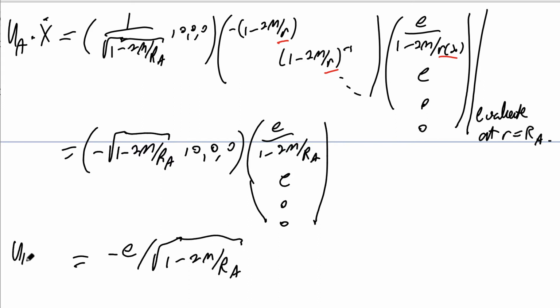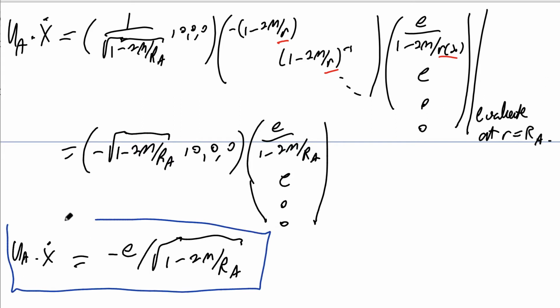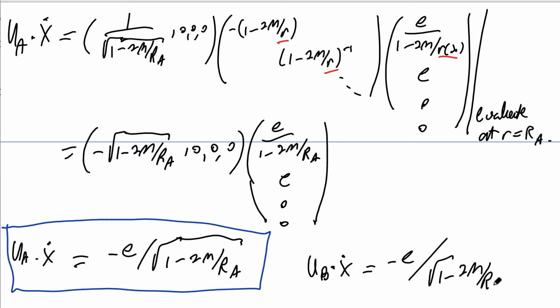So that's equal to UA dot X dot. Of course, we can repeat the same calculation for observer B, and we'll find the corresponding result UB dot X dot is equal to minus little e times the square root of 1 minus 2m over r sub b.